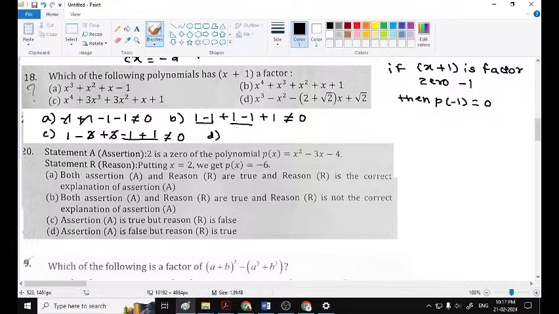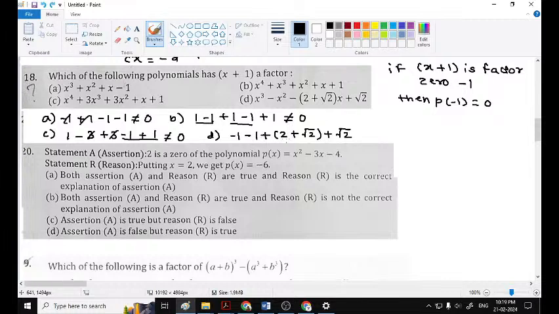Let us solve for D. Minus 1 cube is minus 1, minus 1 square is plus 1, minus (2 plus root 2) into this minus 1. This term is negative, and if x value is minus 1, minus of minus becomes plus.